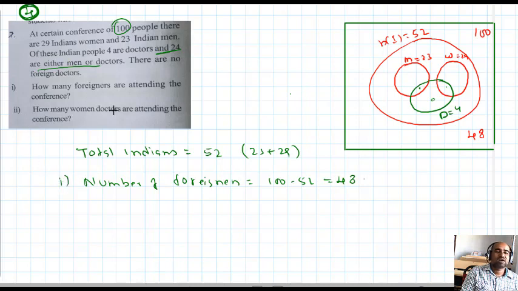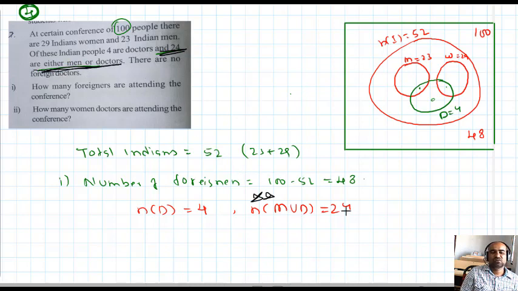How many women doctors? This is interesting and difficult. N of D equals 4. N of M union D equals 24. This is the only very important step for the problem. 24 are either men or doctors.